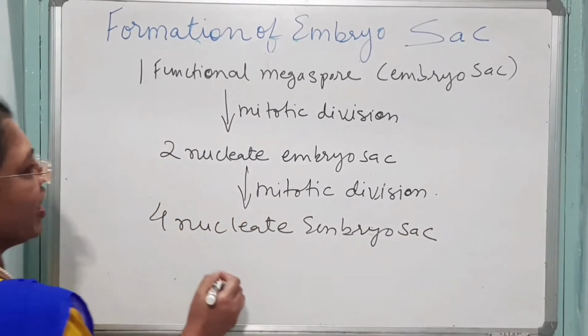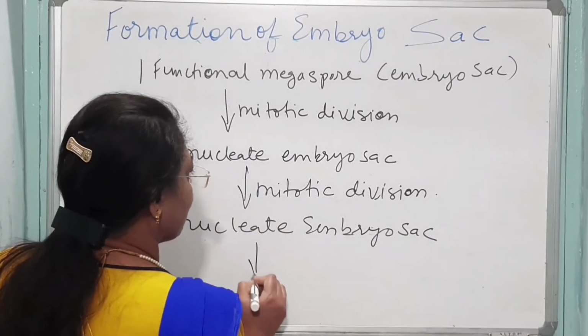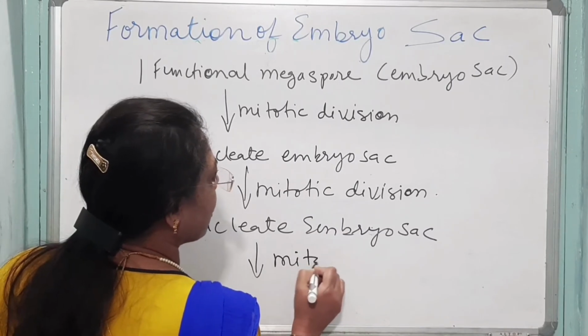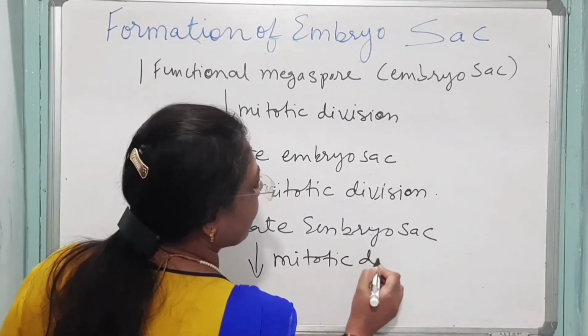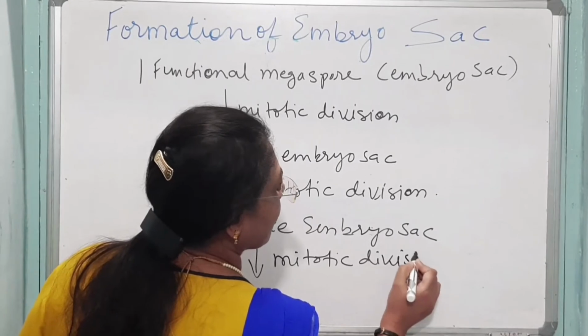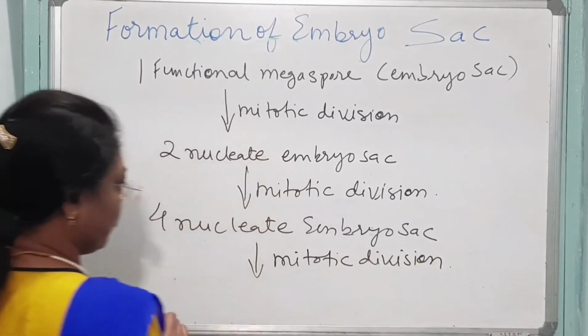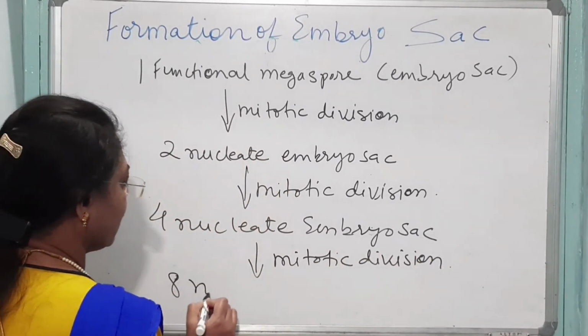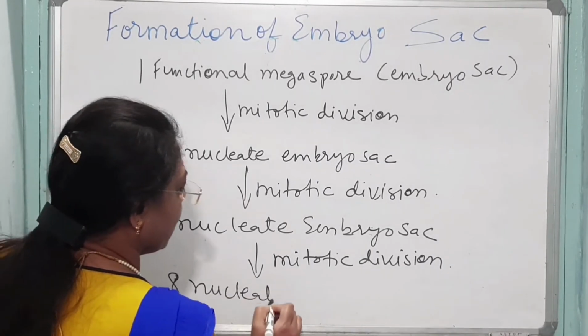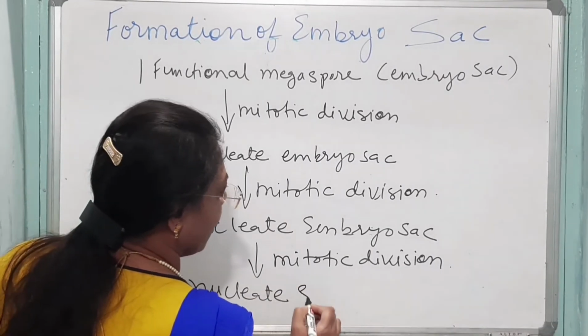Again, this 4 nucleated embryo sac undergoes mitotic division to form an 8 nucleated embryo sac.